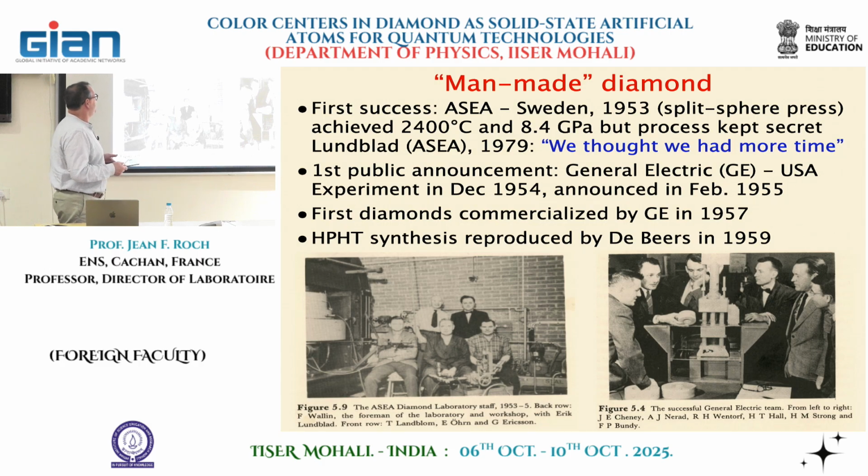The first experiment was realized in December 1954, and it was publicly announced as a press release in February, 2 months later. The first diamonds were commercialized by General Electric in 1957, but the HPHT synthesis was reproduced by De Beers in 1959, and there's a nice story about that.